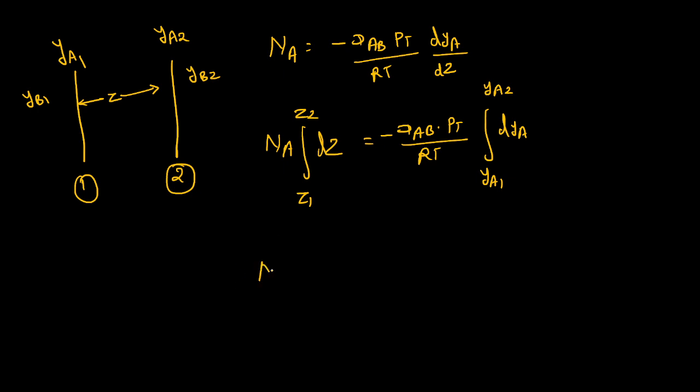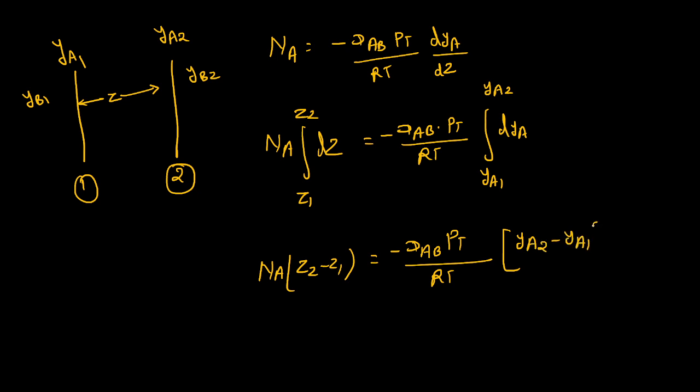So can I write here Na into Z2 minus Z1 is equal to minus DAB into PT upon RT, and here it will be YA2 minus YA1.